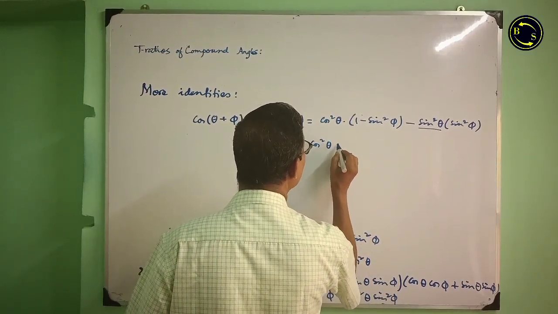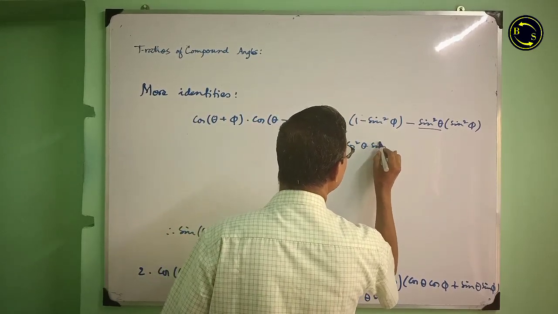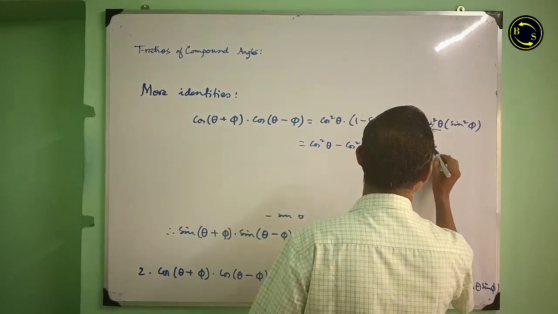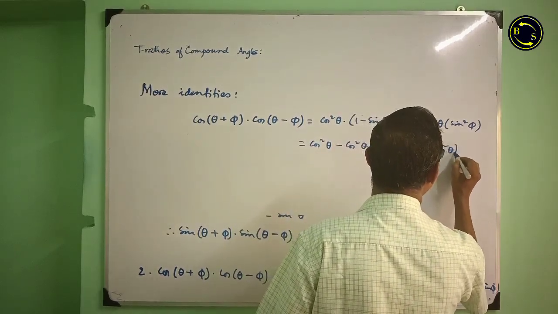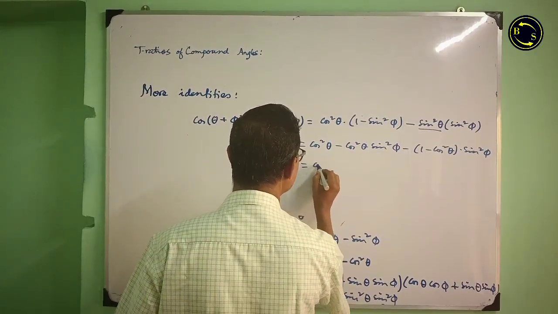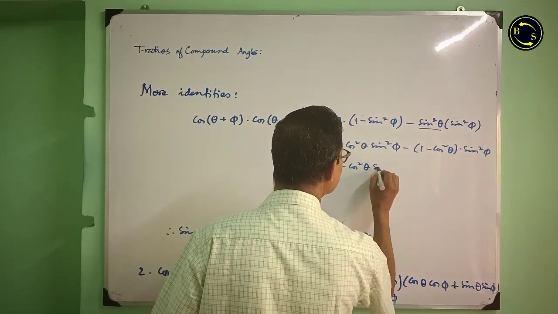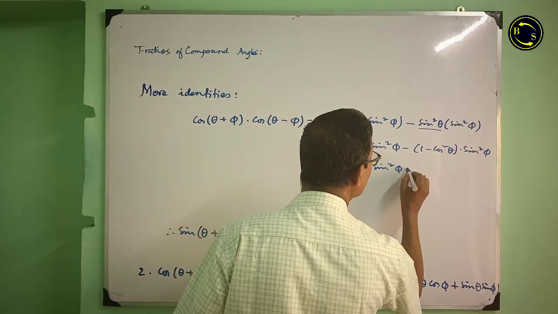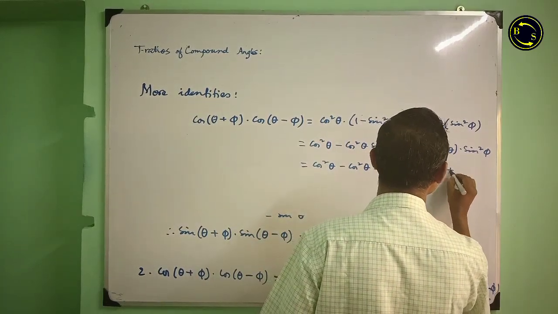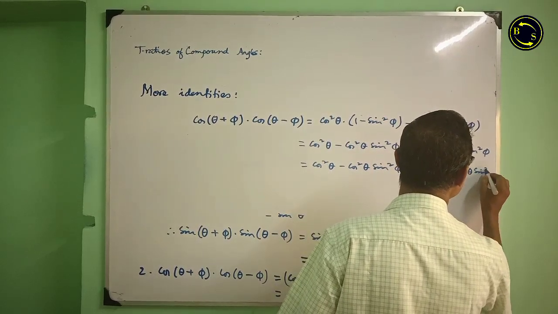Cos square theta minus cos square theta sin square phi, minus 1 minus cos square theta into sin square phi, that is cos square theta minus cos square theta sin square phi minus sin square phi plus cos square theta sin square phi.